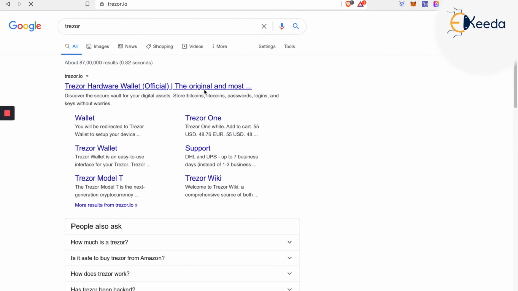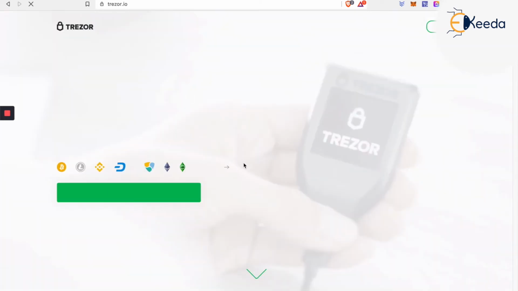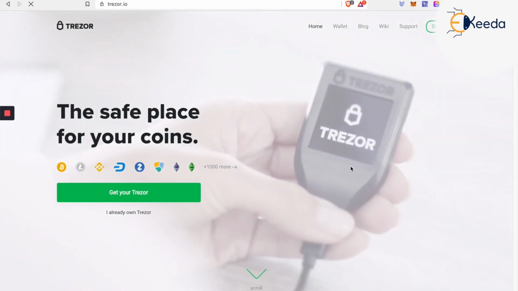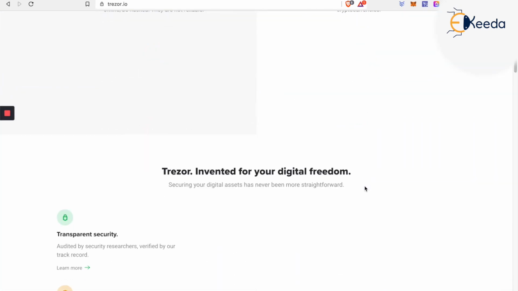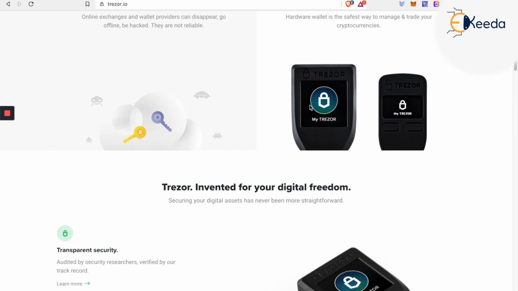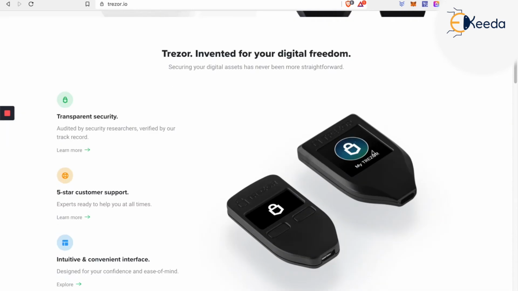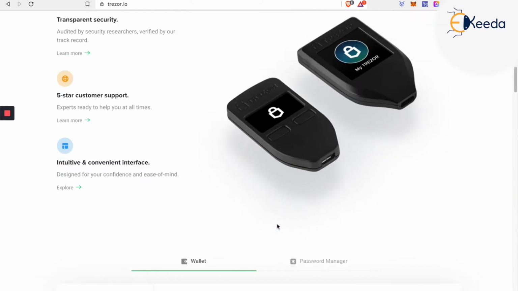These are the two companies which are pretty good when it comes to hardware wallets, right? Very famous. So this is a Trezor wallet that you're seeing now, right? Yeah, this is how it looks. It has a display and all of this. Nowadays it has become very advanced, right? So this is how it looks, right?